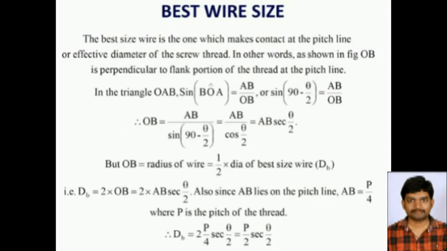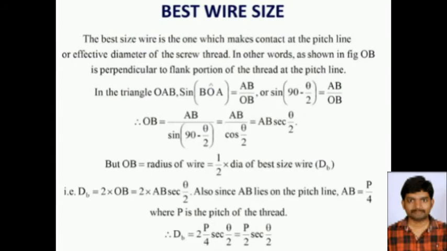So you can see here, dB is the diameter of the best size wire, and this is equal to P by 2 secant theta by 2, where P is the pitch and theta is the thread angle. Theta will be 60 degrees for a metric screw thread, and pitch can be measured with a pitch gauge.